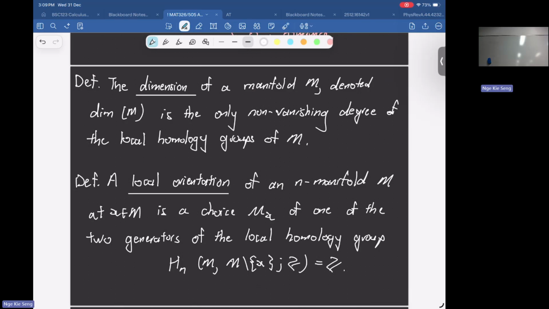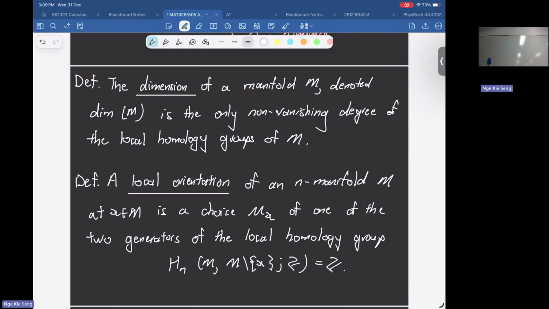For example, on the line, how many orientations can you put? You can go left or go right. On the surface, clockwise or anti-clockwise. And in 3D, left-hand rule or right-hand rule. These are usually because Z only has 2 generators.